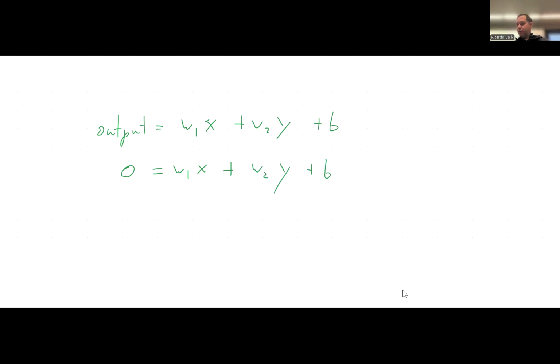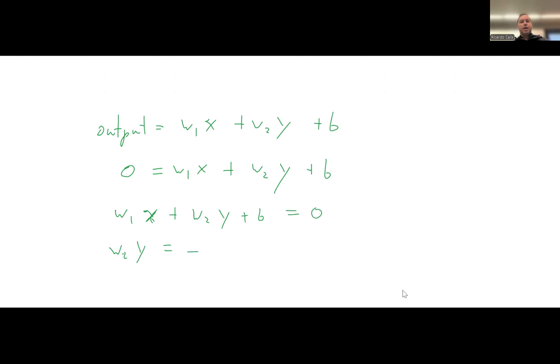So I'm going to rewrite this a little bit: W1X plus W2Y plus B, and then I'm just going to rearrange it. Once I've rearranged it, I can further modify it: W2Y equals, I'm going to move this W1X to the other side, so that just means minus W1X.